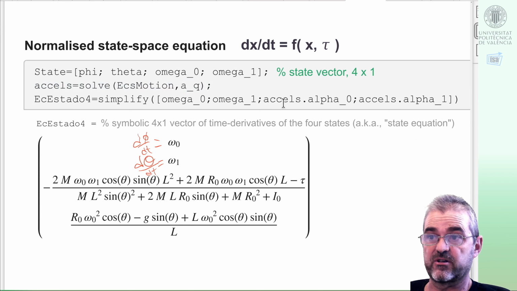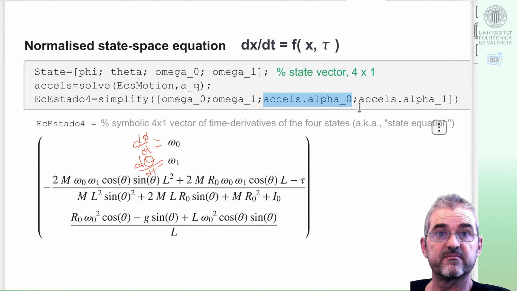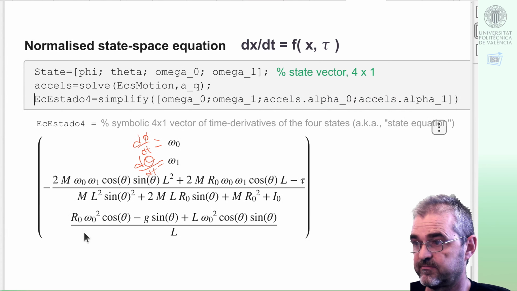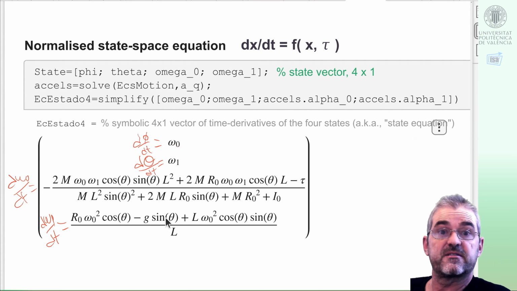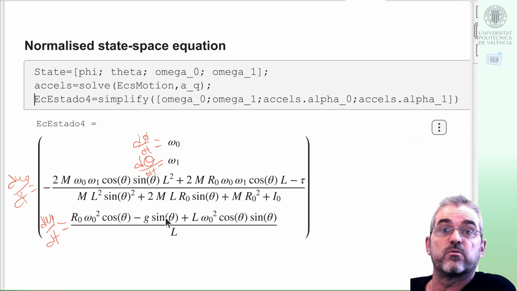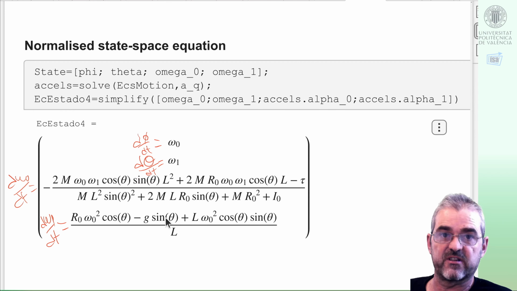So the result of Matlab, alpha 0, will be the time derivative of omega 0, and alpha 1 will be the time derivative of omega 1. So these are the four state derivatives that constitute the state equation. But of course, as the left-hand side is always the same, state derivatives, we just need to store for our code the right-hand side of the equalities, which are the actual expressions of such state derivatives.